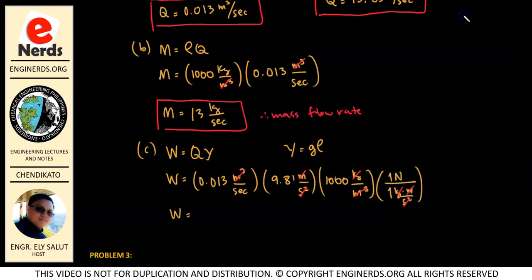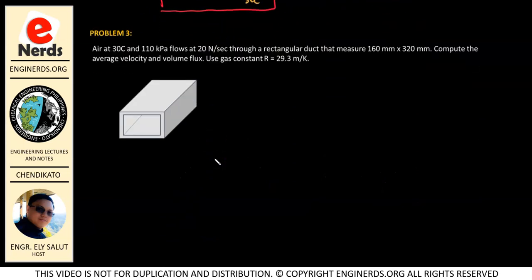So that will be our answer, 127.53 Newton per second. This is our final answer for letter C. Now we're going to proceed to our last problem.